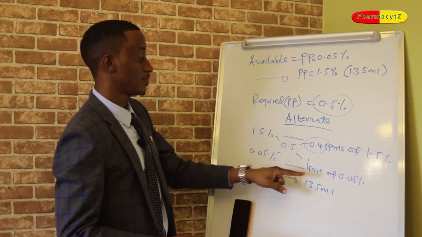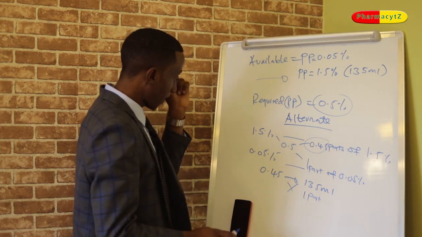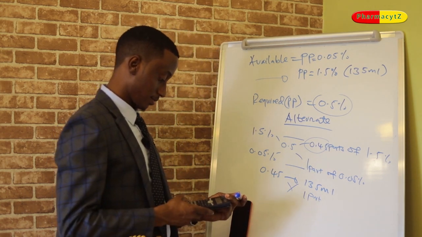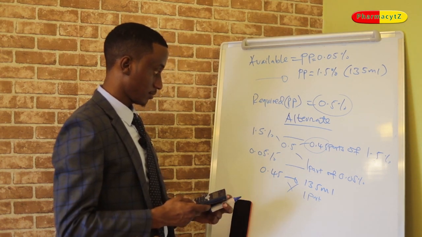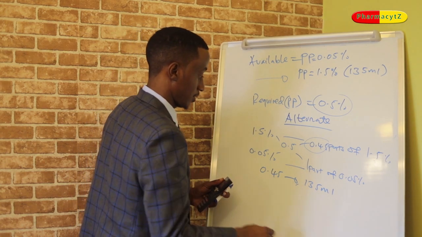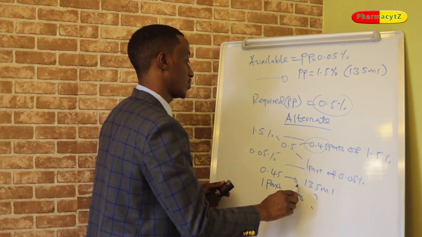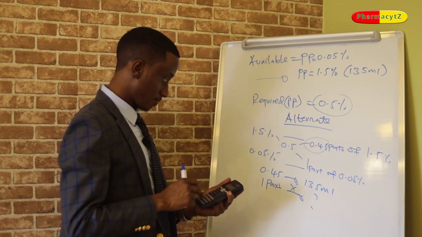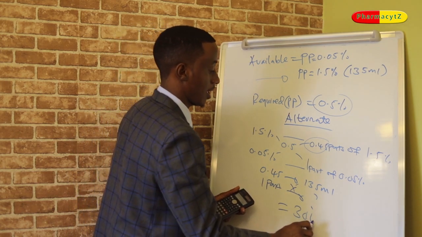Then what about the rest of the parts? What about 1 part? This is 1 part here. Then 1 part is equivalent to how many mils? Then this is 135 divided by 0.45. You get 300 mils.